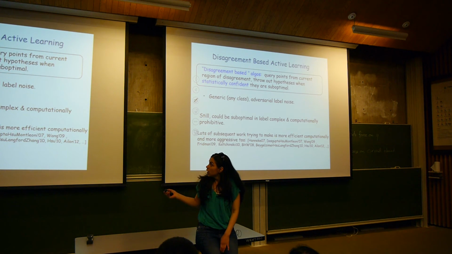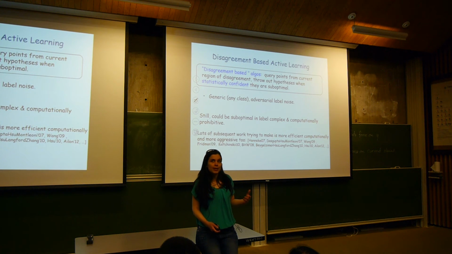Moreover, the main problem from a practical point of view is that for interesting cases like linear separators in R^d, when the dimension is not constant, these are computationally complex algorithms. They are not scalable, because how do we keep the set of surviving classifiers? How do we keep the region of disagreement, and so on?